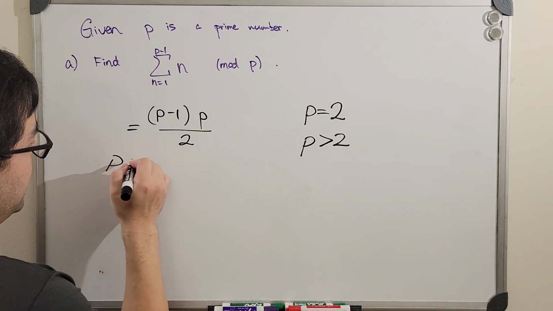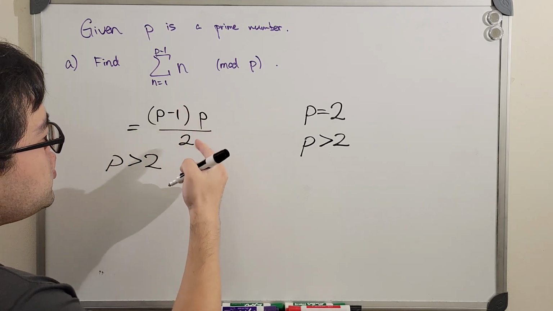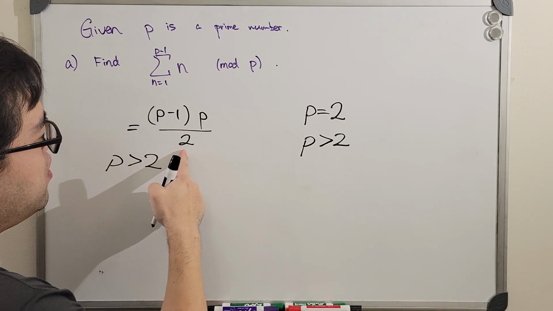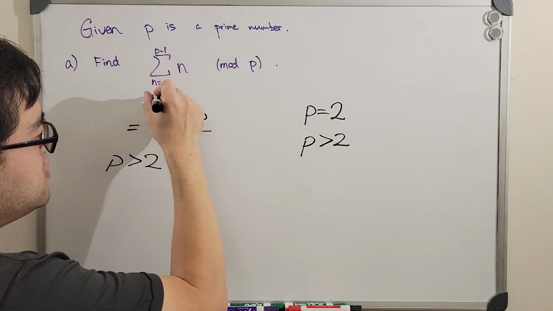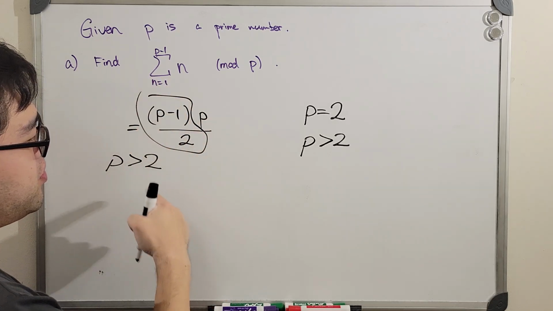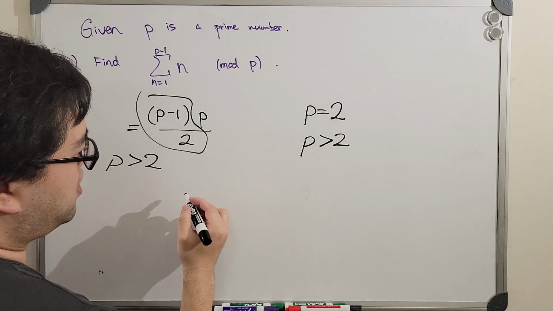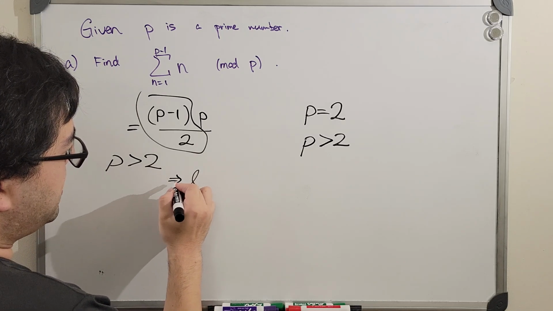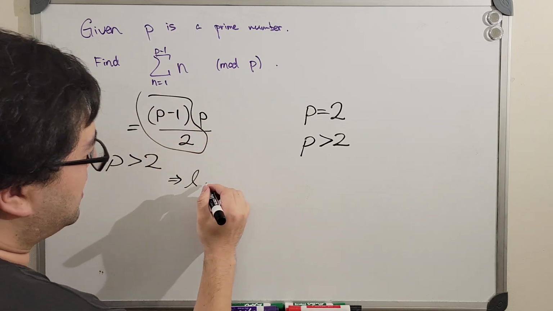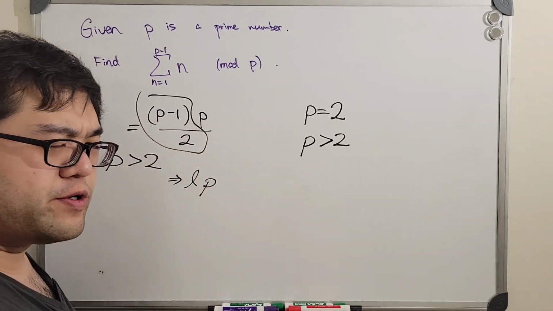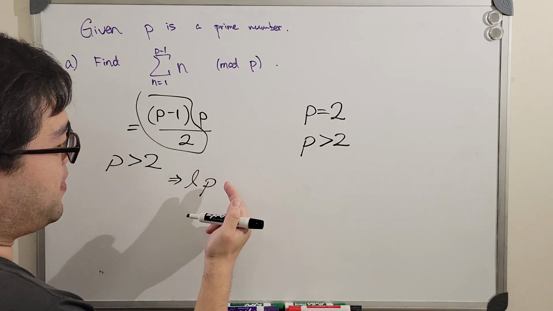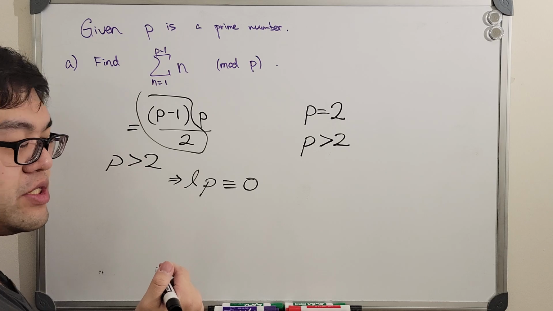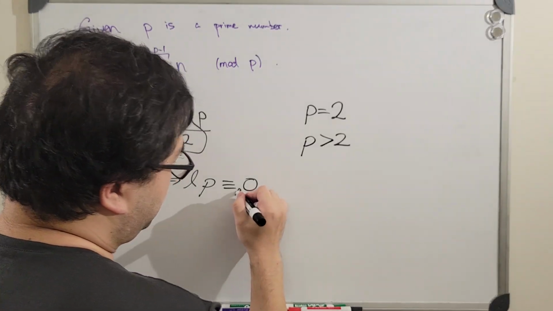So if p is odd, we in fact would get that p minus 1 all over 2, this part here, is going to give us an integer. Let's call it L. Then we actually get L times p, which of course is an integer that is divisible by p, and meaning that we will actually get 0 as the remainder.